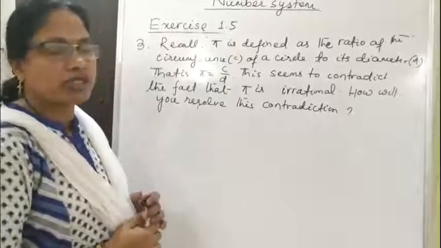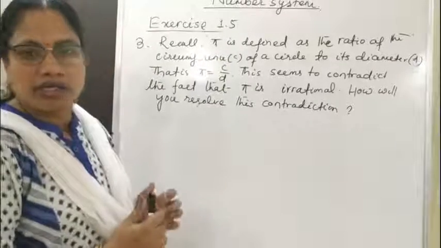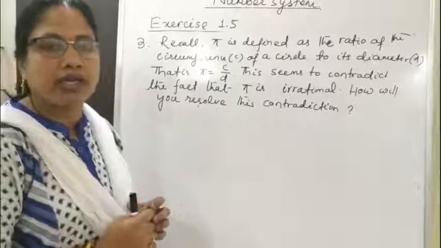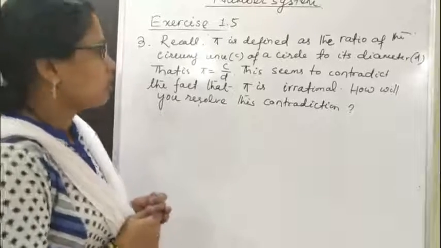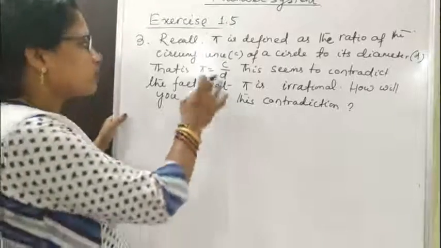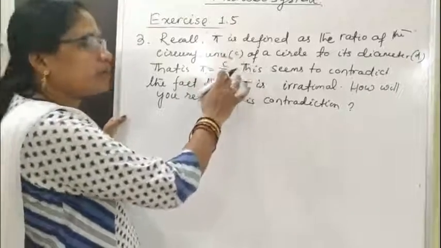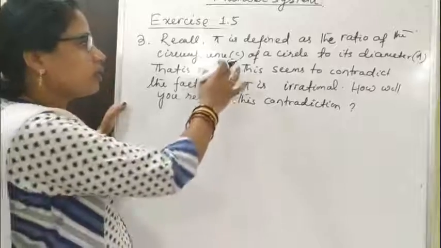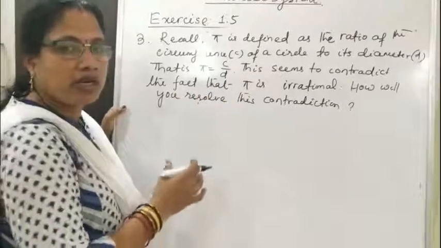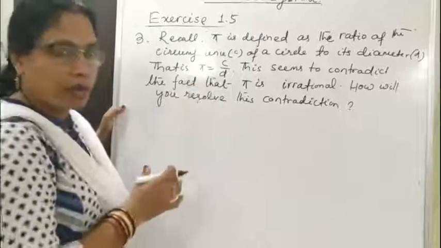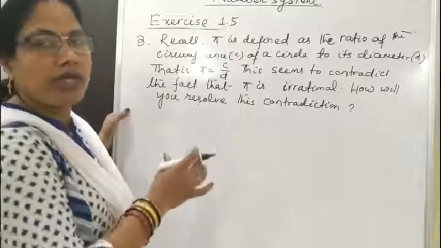Here there is no contradiction. In this chapter we learned that pi is irrational, and this is true. Pi is always irrational, and also pi is the ratio of circumference and diameter. But when we measure the circumference and diameter of a circle, that measurement is approximate, not the real measurement.